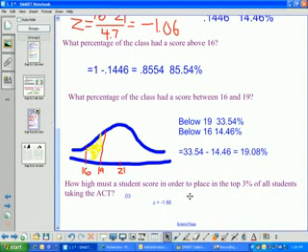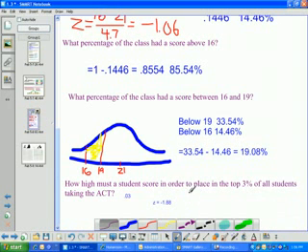So let's set up our formula. We know it is x minus the average, or the mean, divided by the standard deviation. It's equal to the z-score.